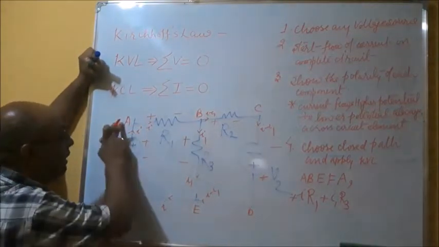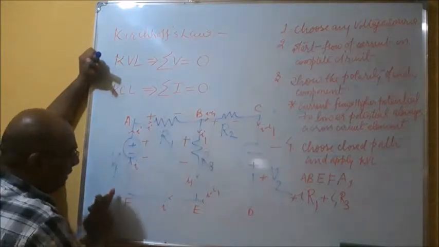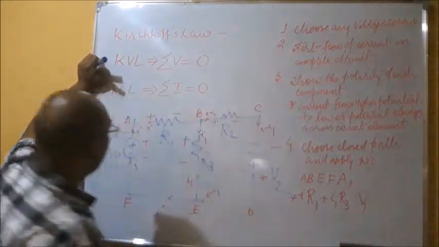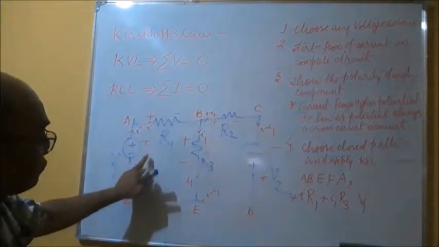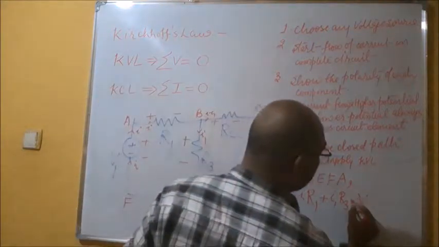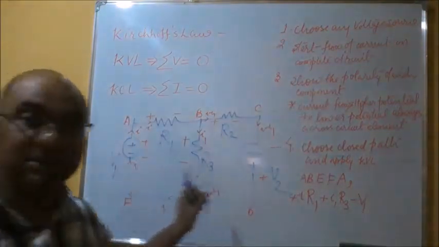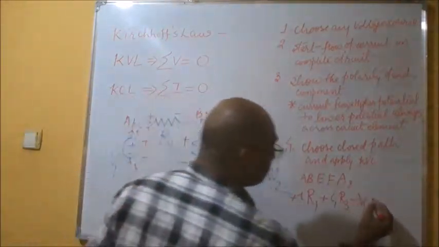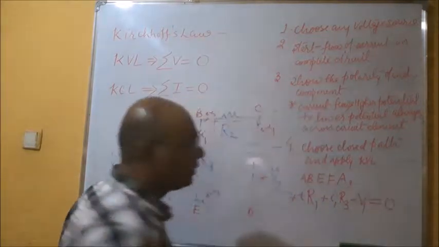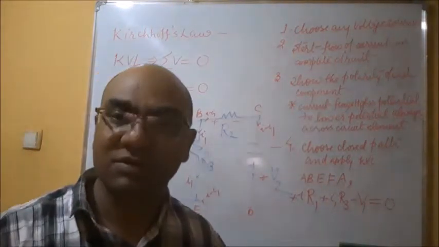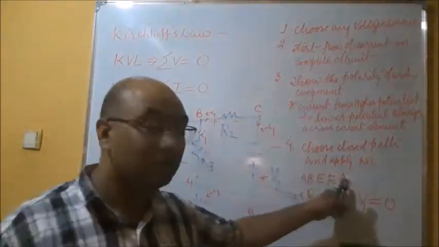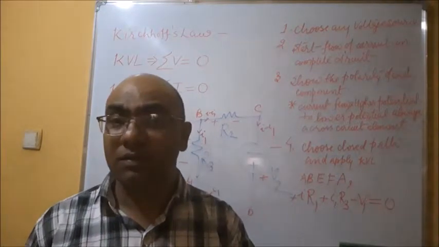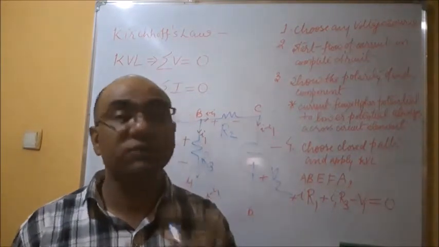Come from F to A. When you go from F to A, the voltage value is V1, but we are moving from minus to plus, so I will take minus. All the things are covered. Finally the sum should be 0. So this equation is written for this closed path, according to KVL, Kirchhoff's voltage law.